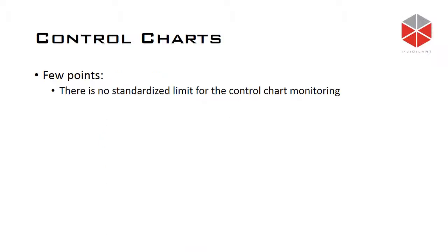Now, this brings me to a point. The first one is that there's no standardized limit for control chart monitoring. The 3 standard deviation limit for each individual component doesn't really work because all the gases inside the GC are correlated, so we can't monitor and decide if the GC works properly or not based on one component.